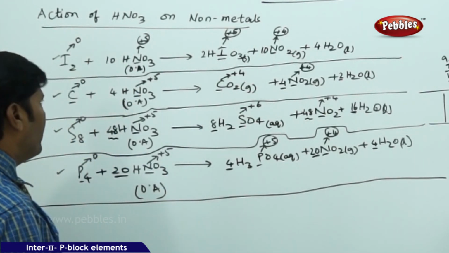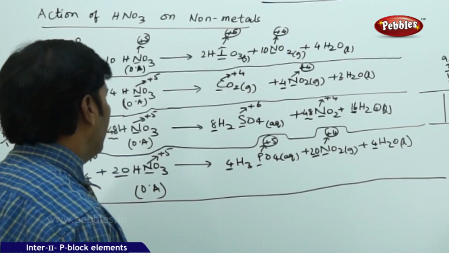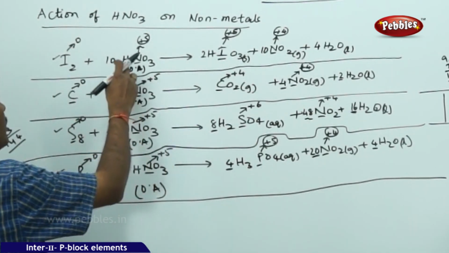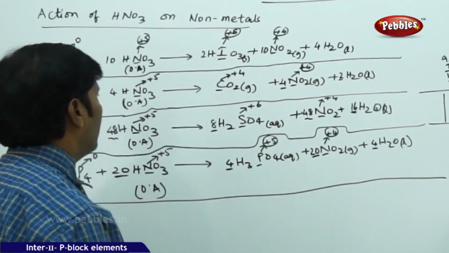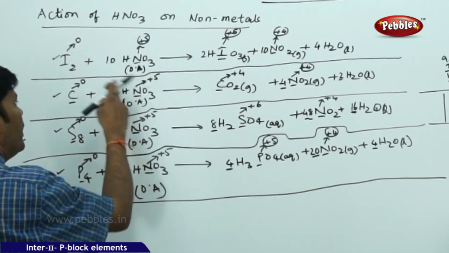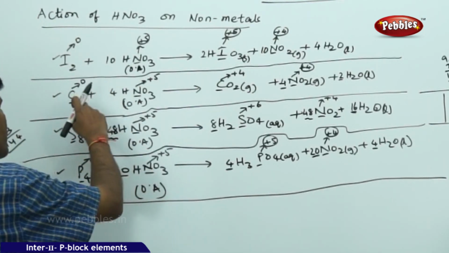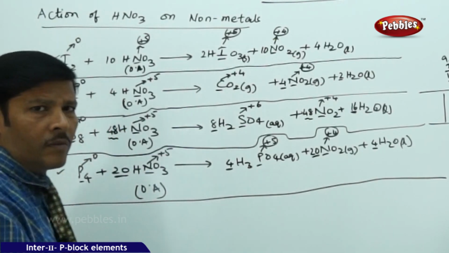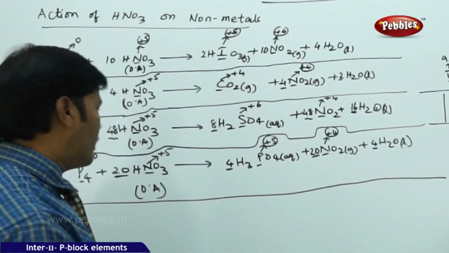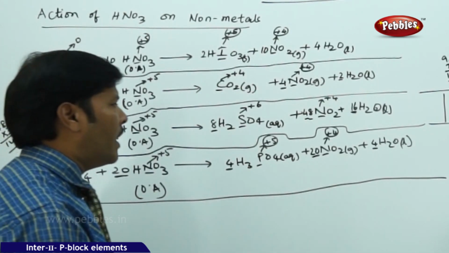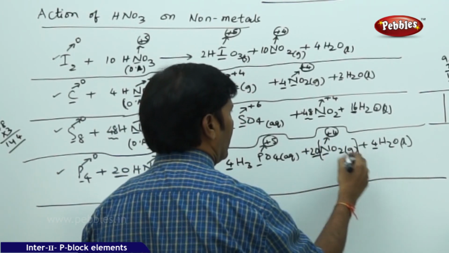So in this way, we have to balance the reactions one by one based on the technique we have to adopt. The only thing is that you have to remember how many moles of nitric acid you are adding for iodine, for carbon, for sulfur, and for white phosphorus, so that I can easily identify and balance the rest of the reactions.